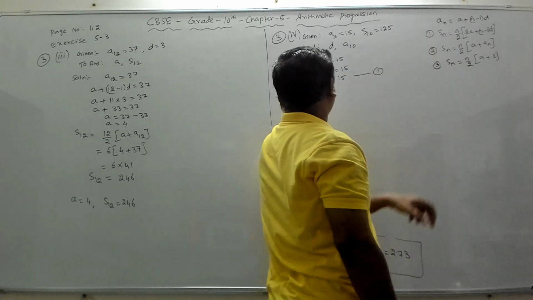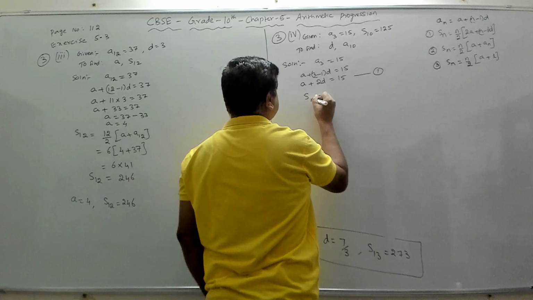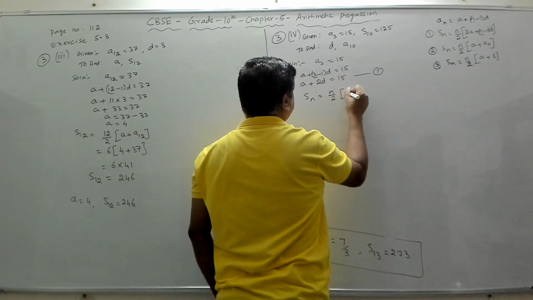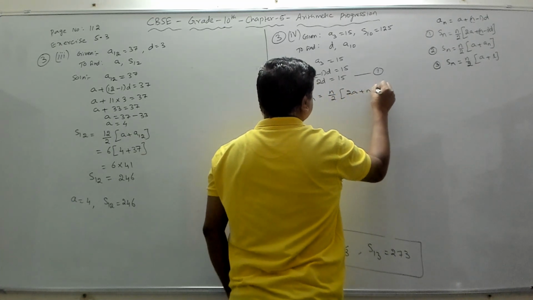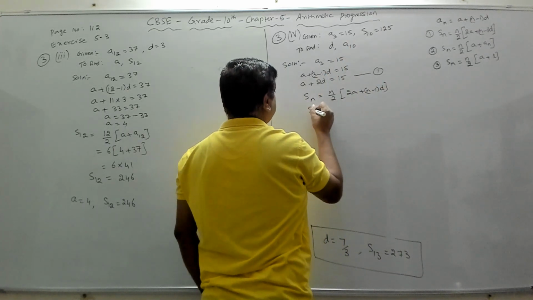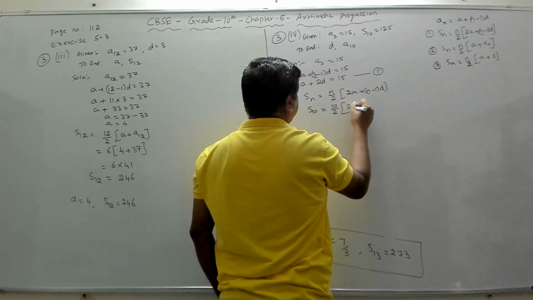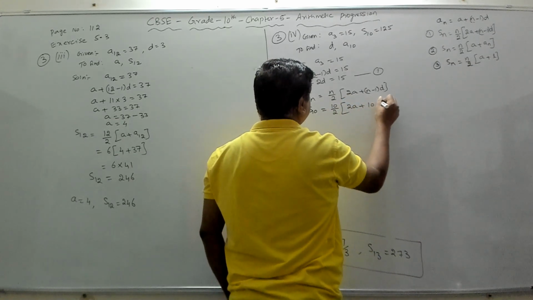Let's use the first formula. Sn is n by 2 into 2a plus n minus 1 into d. So S10 will be 10 by 2 into 2a plus 10 minus 1 into d.